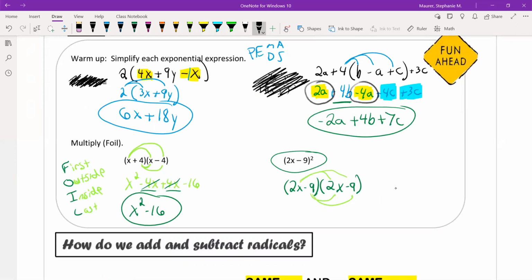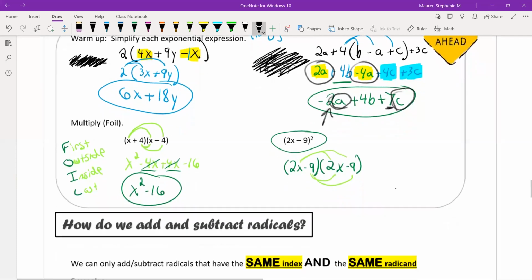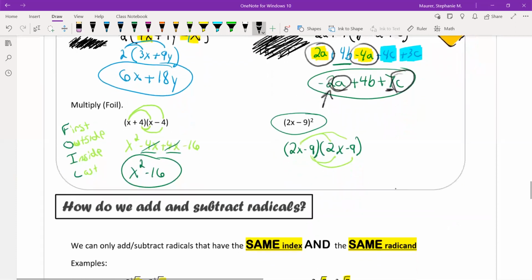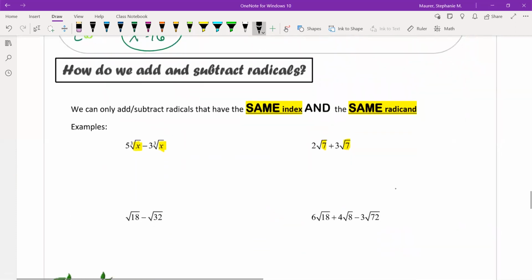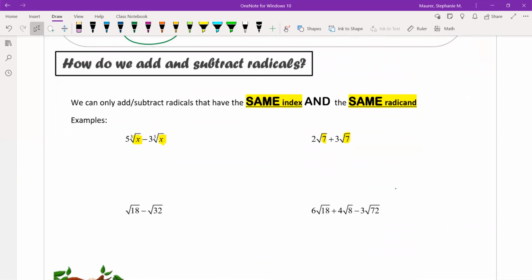We did the 2, we did the minus 4, that gave us 2. But notice that our a did not change. Same thing with the c. 4 plus 3 gave me 7, but the c did not change. So a lot of times the variable does not change, but the numbers out front do. That's the case whenever you're adding or subtracting radicals.